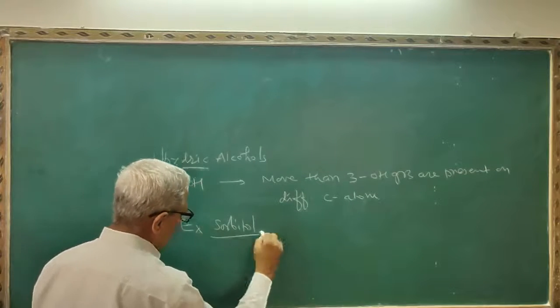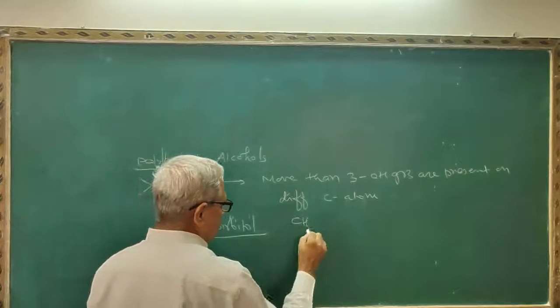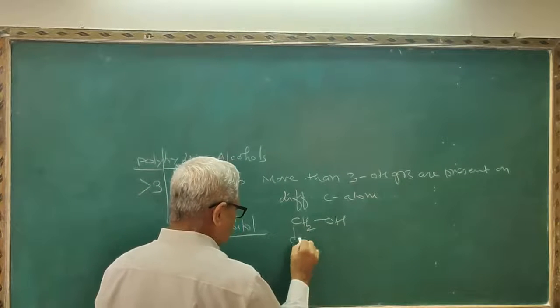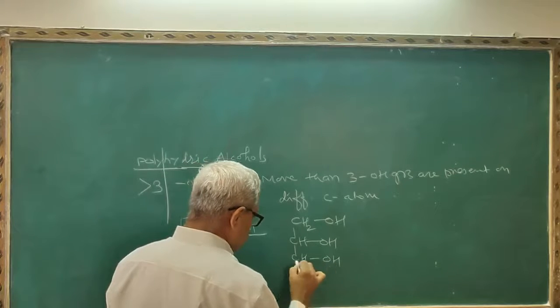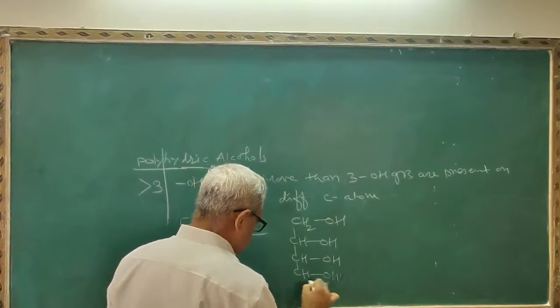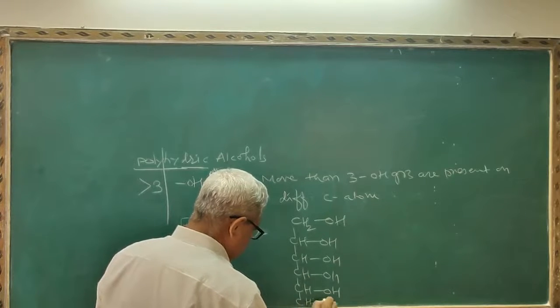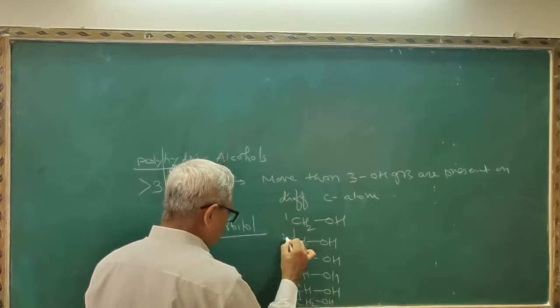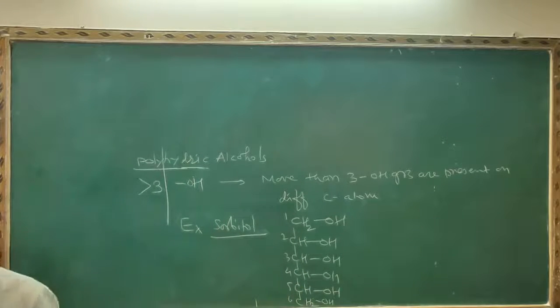Sorbitol. This is the formula for sorbitol: CH2OH, CHOH, CHOH, CHOH, CHOH, CH2OH. 1, 2, 3, 4, 5, 6. 6 carbon atoms are present in the sorbitol.